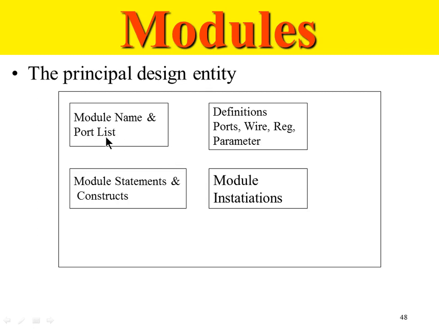Then there could be local wires, which are local nets, and local registers, which will be used internally or used for output assignments. Any parameters for that module can be defined. One module can instantiate other modules. The module that you instantiate in your design will be a separate Verilog file.